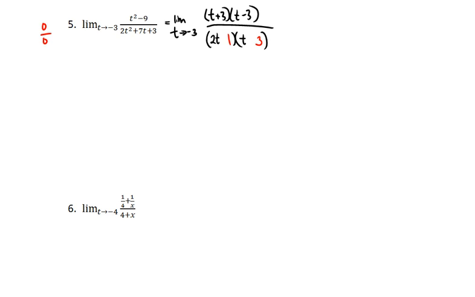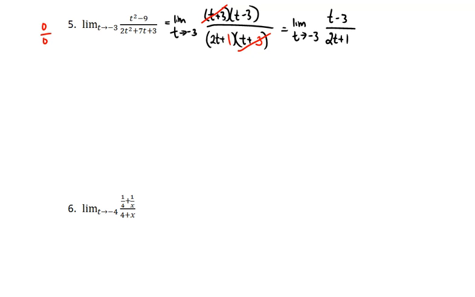But I need to get 7, so 2t times 3 is 6t plus 1t, so this is how it factors. And when I do that, I can see that my t plus 3 terms will cancel, and I'll be left with the limit as t approaches negative 3 of t minus 3 over 2t plus 1.